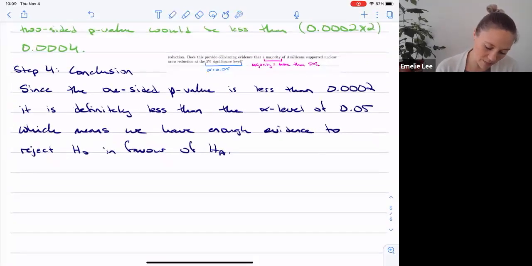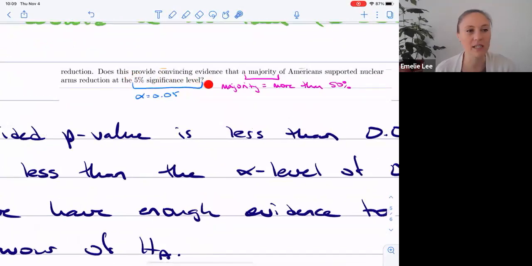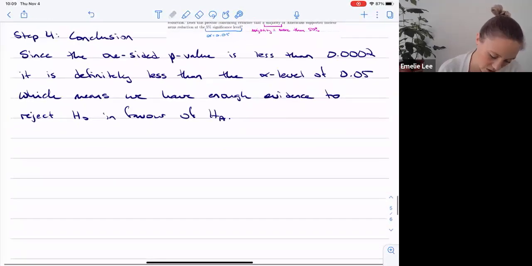So what does that mean? In terms of the question, does this provide convincing evidence that a majority of Americans supported nuclear arms reduction? Yes, there is evidence that the majority of Americans supported nuclear arms reduction. That would be your conclusion in terms of the question.